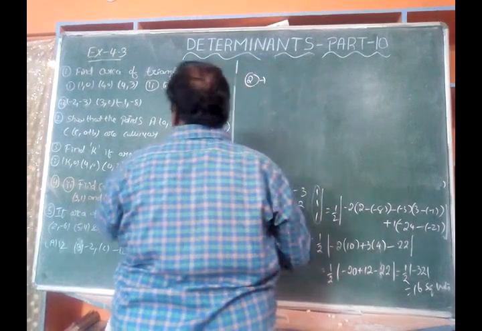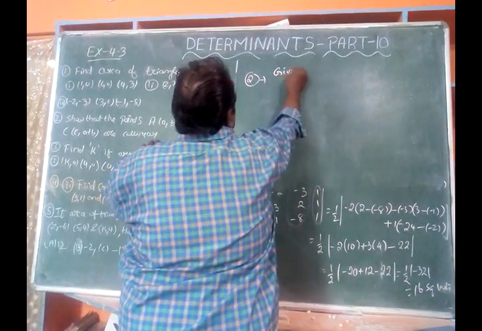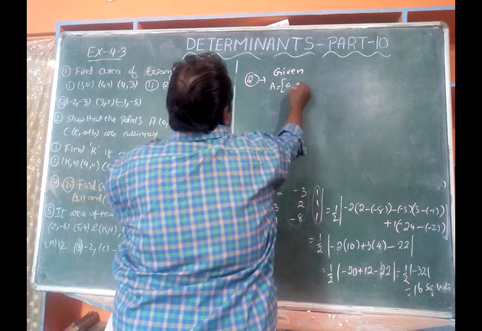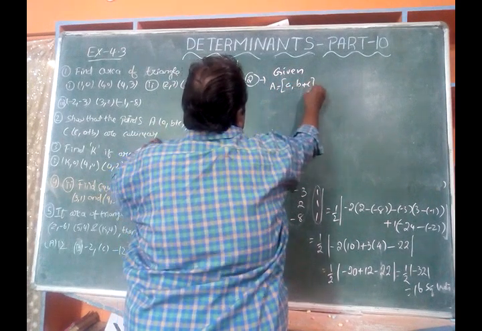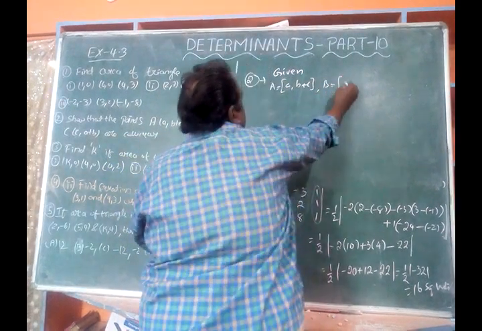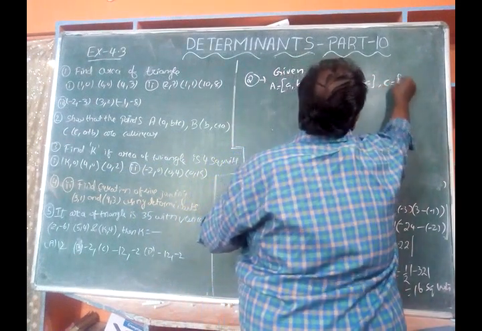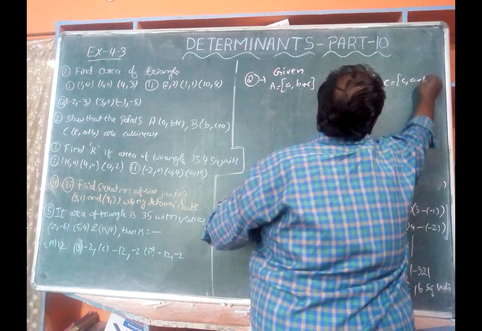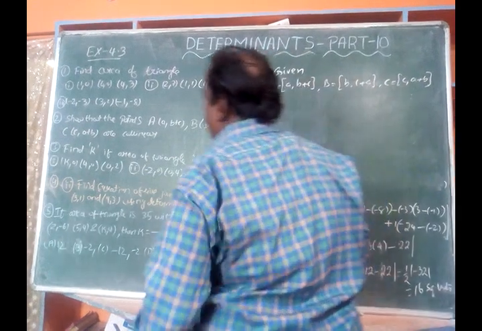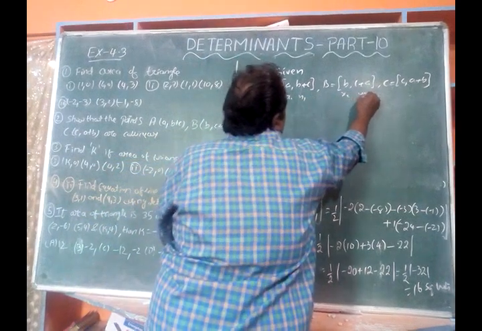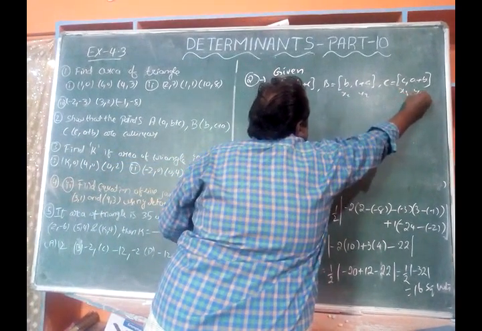So here we are given capital A is A comma B plus C, capital B is B comma C plus A, capital C is C comma A plus B. So this is just like x1, y1, x2, y2, x3, y3.